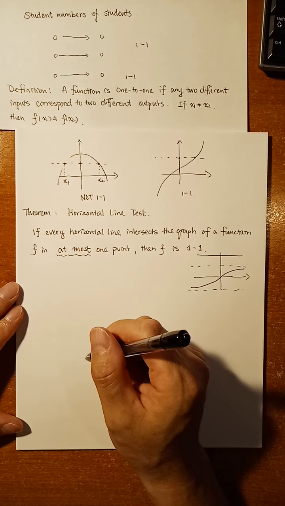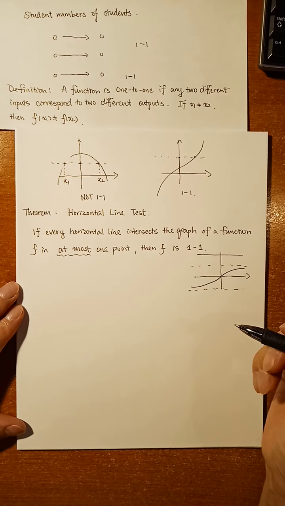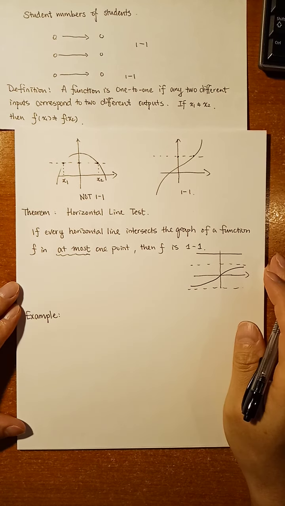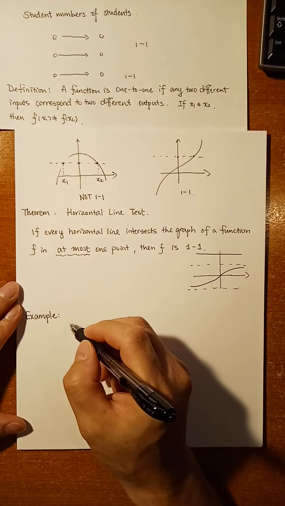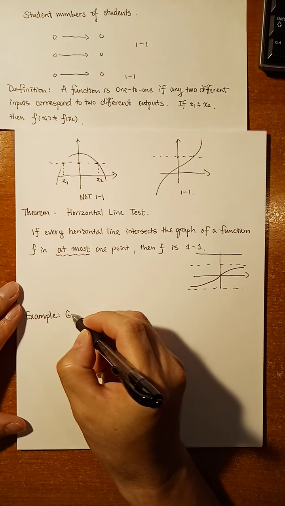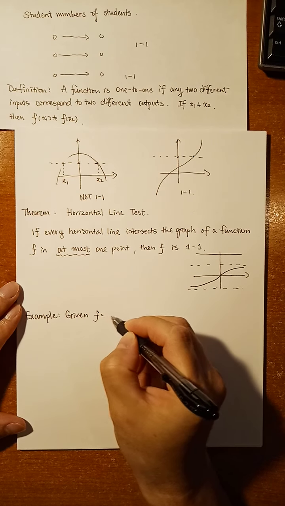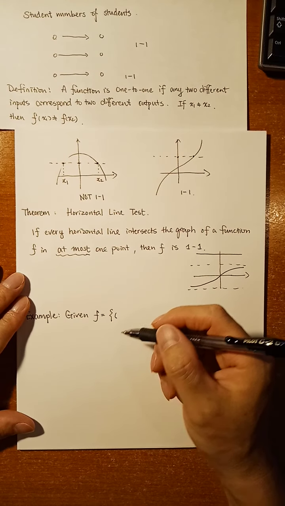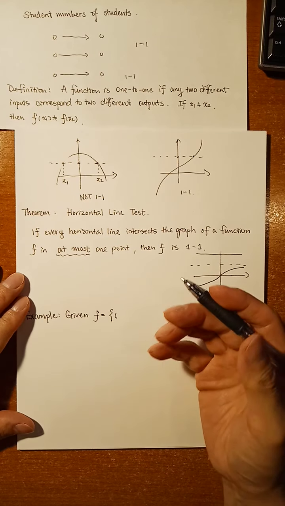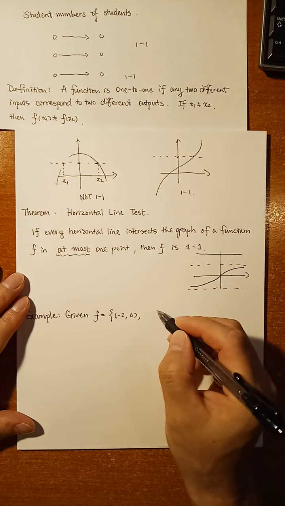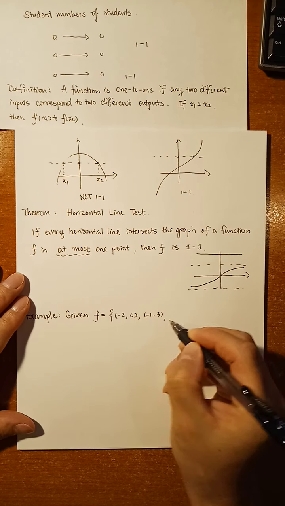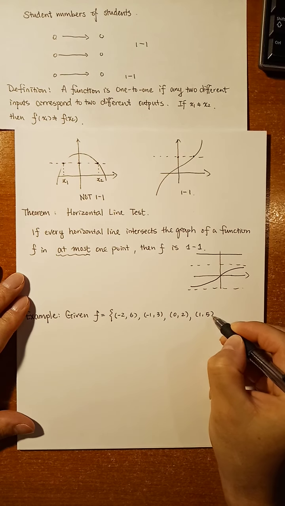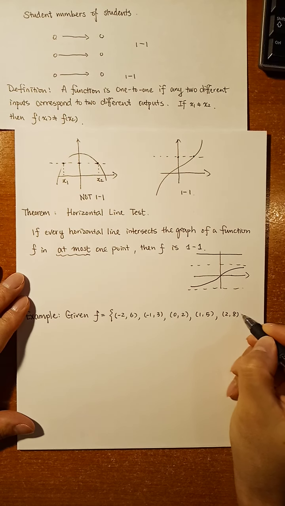Remember that we also have another type of function. For example, given f, the function is determined by pairs, like (-2, 6), (-1, 3), (0, 2), (1, 5), and (2, 8).